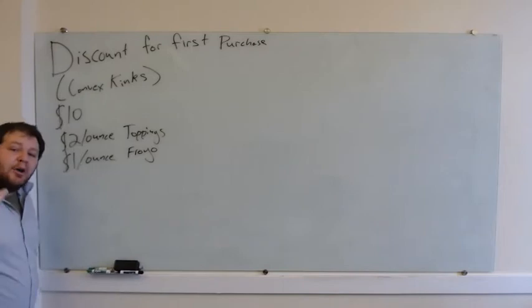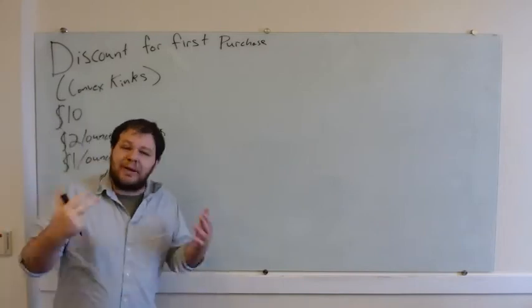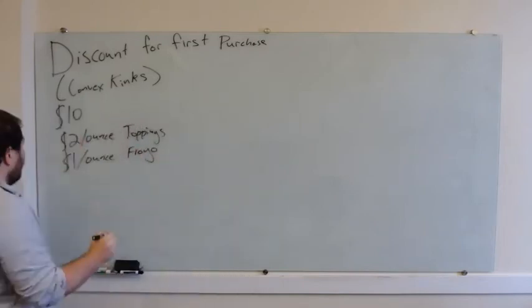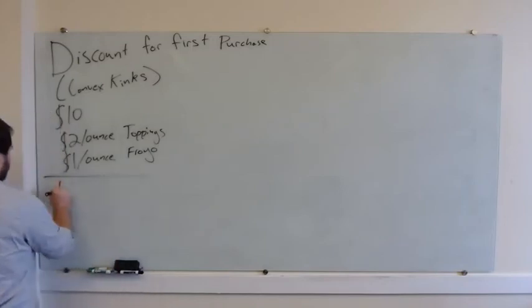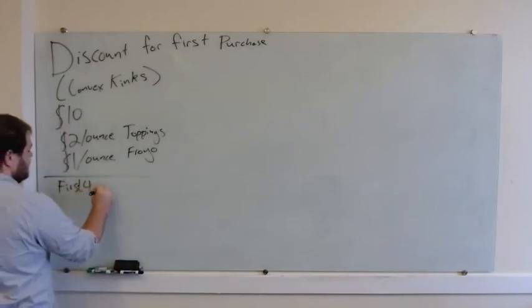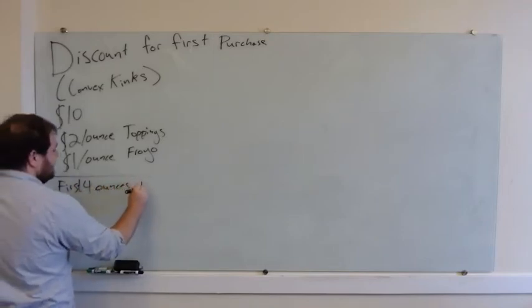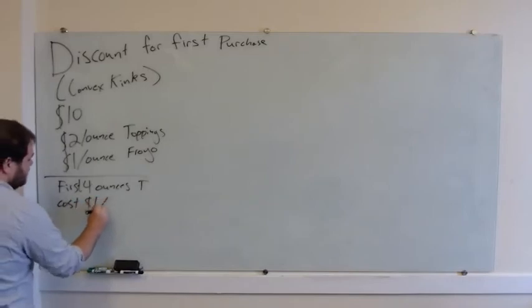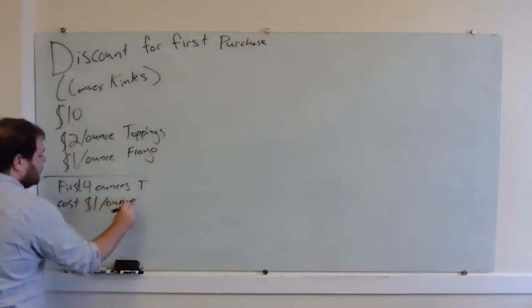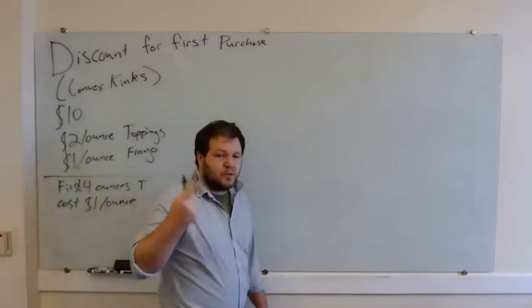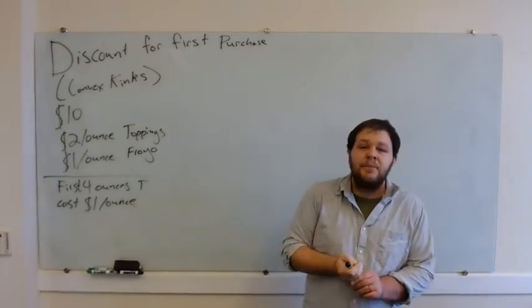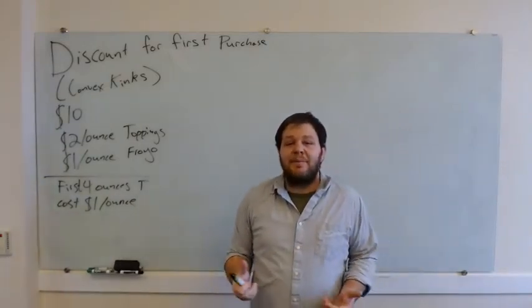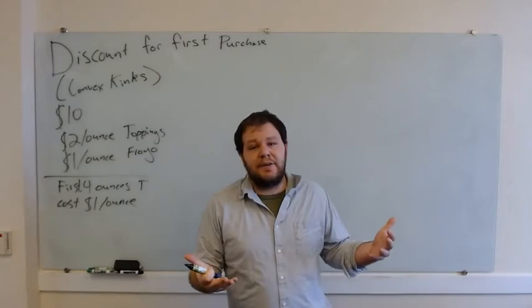But we also have a discount, right, a special deal, where the first 4 ounces of topping cost just $1 an ounce. Right, so you pay $1 an ounce for ounces 1, 2, 3, and 4 of topping. If you wanted to buy a 5th ounce of topping, that would then cost you $2 an ounce.